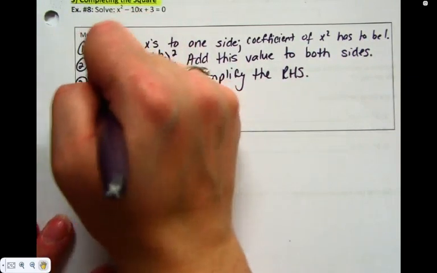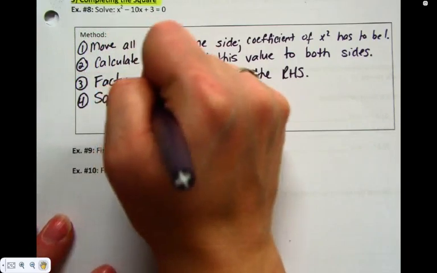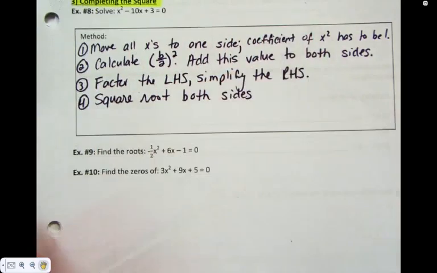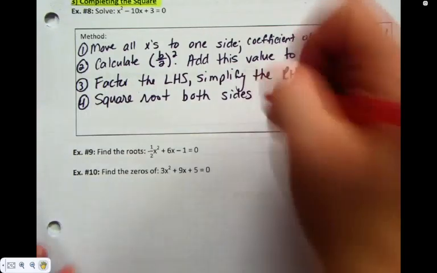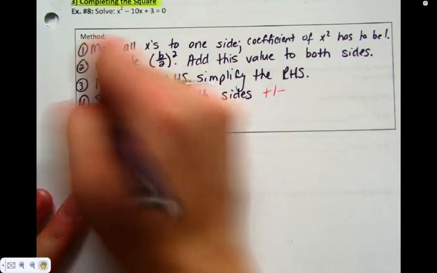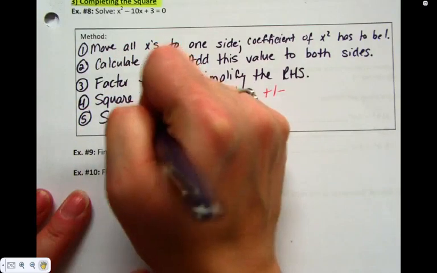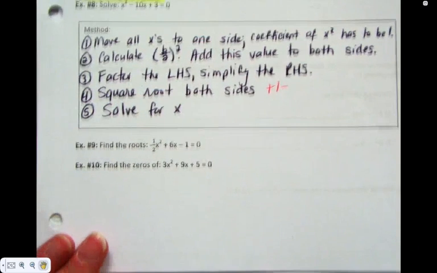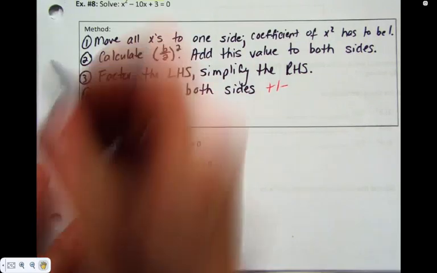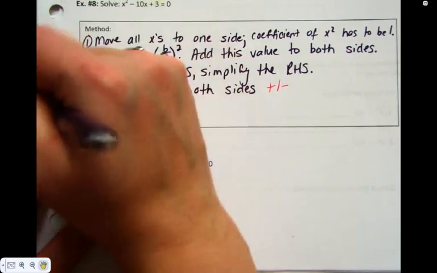Step 4, square root both sides. And I'm just going to make a note at the end of that: don't forget your plus minus. Step 5, solve for x. So steps 4 and 5 are method number 2.